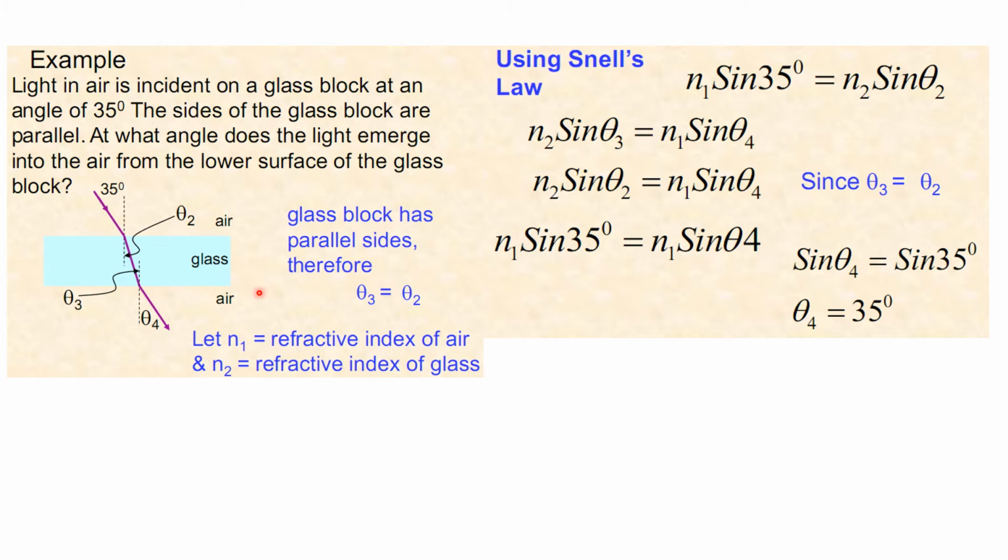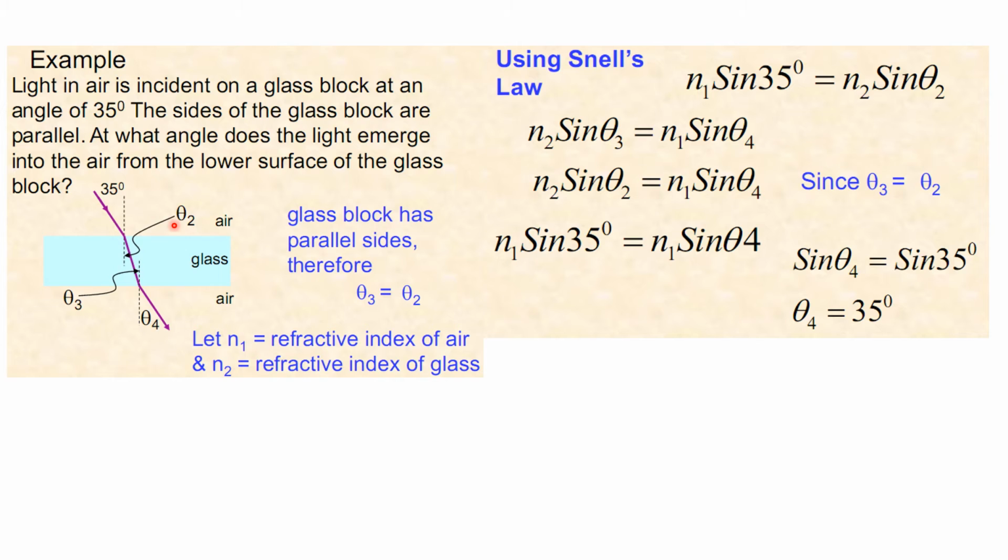And here we have an example. Light in air is incident on a glass block at an angle of 35 degrees. The sides of the glass block are parallel. We have here an angle theta 2 and angle theta 3. To answer this question, angle theta 2 is equal to angle theta 3.